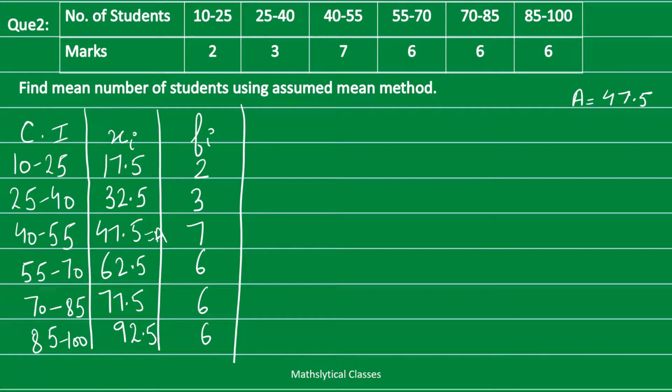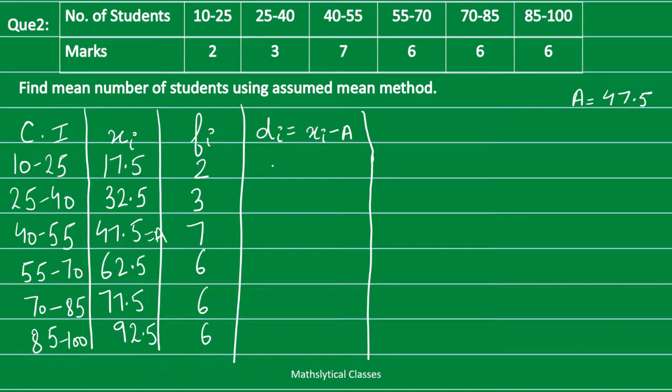Alright. And now what you have to do in assumed mean method is find out di. What is di? di is xi minus A. So from each xi you have to subtract A. Just subtract A from each xi.